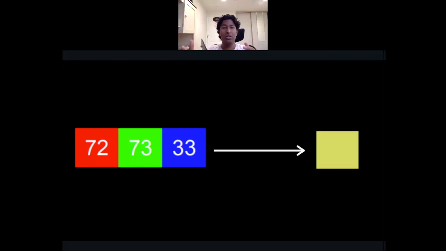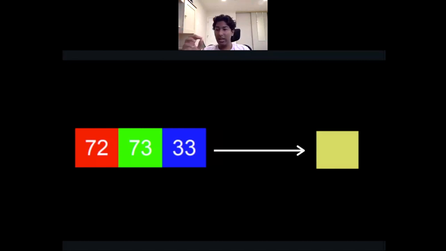So 0, 0, 0 would equal something like white because there's no color at all. And 256, 256, 256 would equal something like black because all the colors are combined together. In this way, we can represent various amounts of colors by just using 3 different numbers.